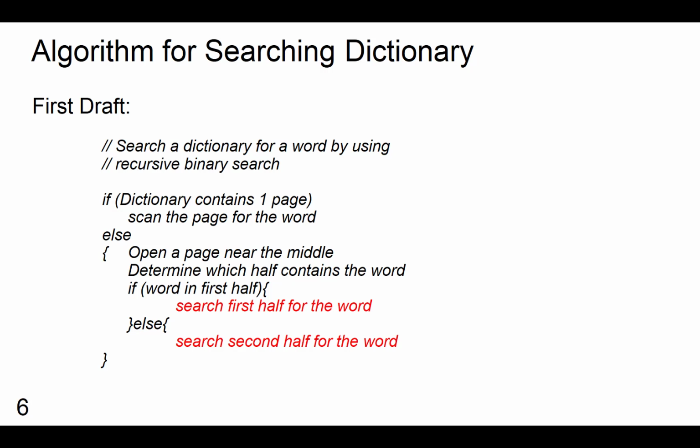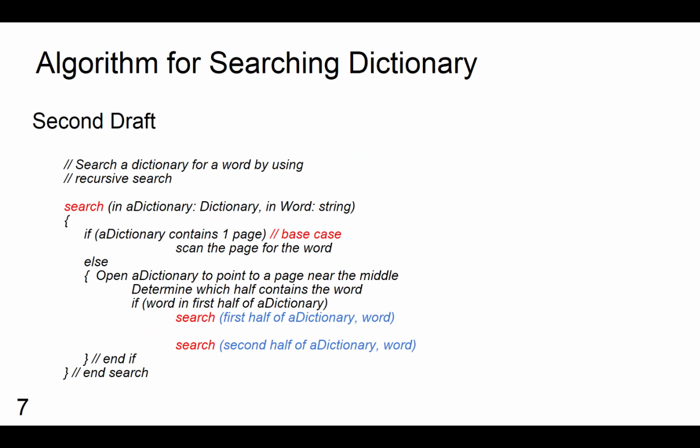Another one, the failure case, where the word is not inside the dictionary. Last question. When the problem size decreases, can we reach the base case? Yes, for the dictionary, we divide into two halves each time. So certainly at one point we will reach a dictionary which contains only one page.